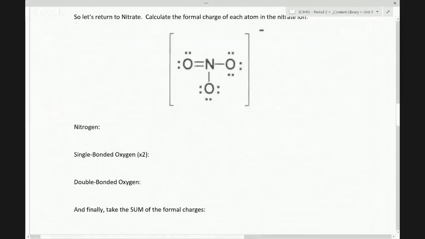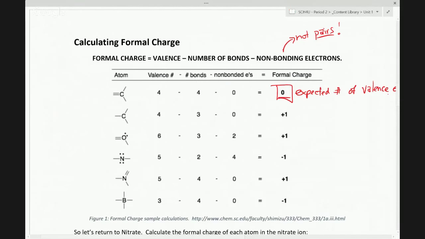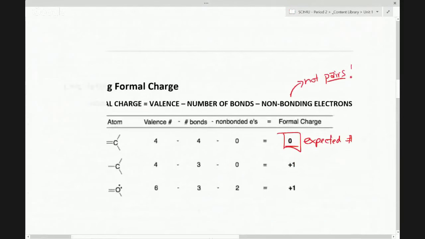So it's kind of nicer in a way to look at that if we take an example. So let's come back to nitrate right here, and let's calculate the formal charge of each atom on the nitrate ion. So first is the nitrogen itself. And remember, what we're doing is we're taking the valence, subtracting the number of bonds, and subtracting the non-bonding electrons.